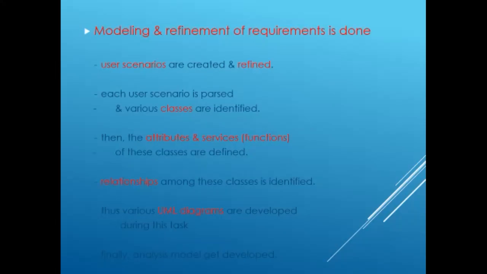Each user scenario is parsed and various classes are identified. Then the attributes and services of these classes are defined. Relationship among these classes is identified. Thus, various UML diagrams are developed during this task. This is important that UML diagrams are developed in this task. Finally, analysis model is developed.